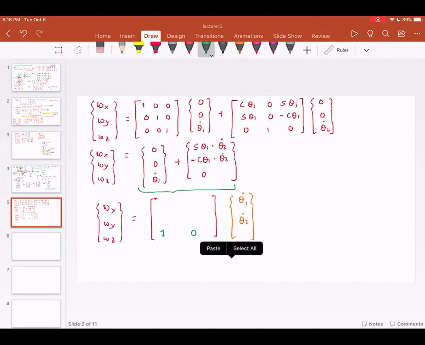This will be 0, 0, and then I'm gonna have sine theta 2, sine theta 1, minus cosine theta 1. So when you multiply these, you will get the exact same expression.